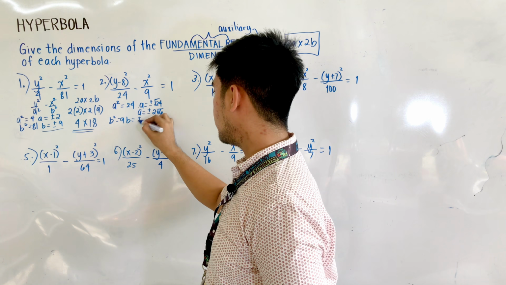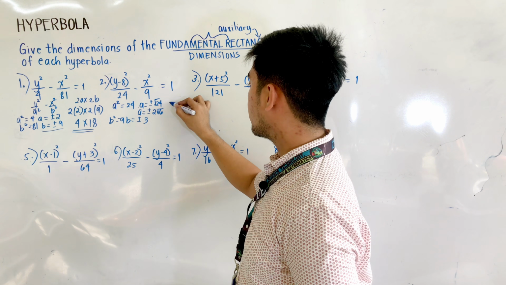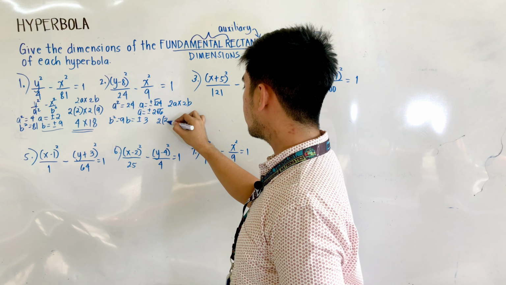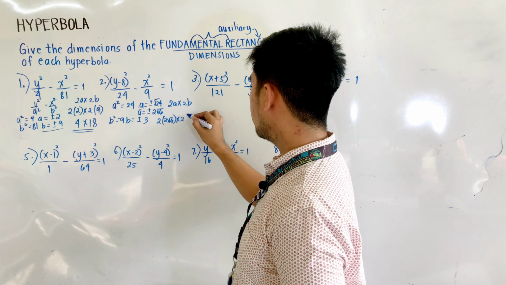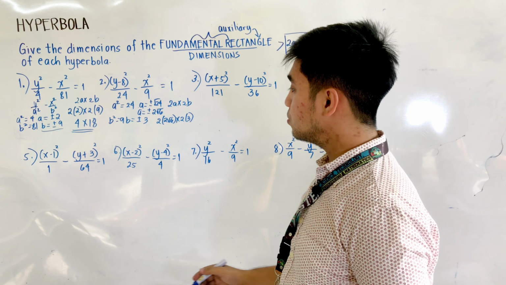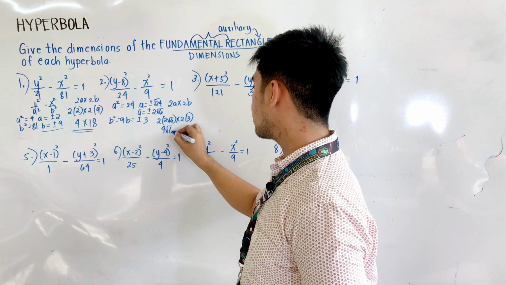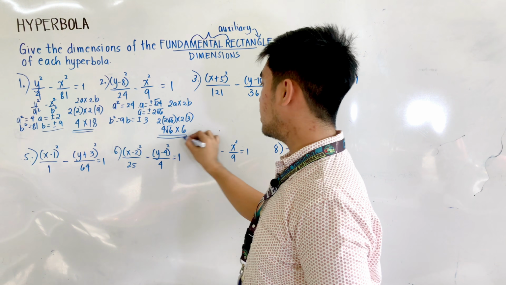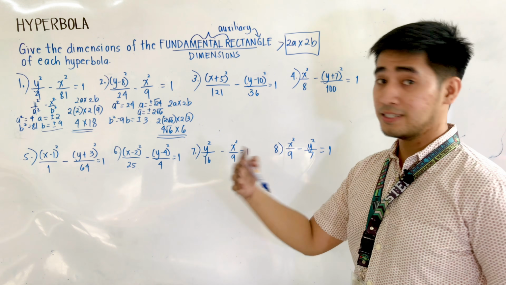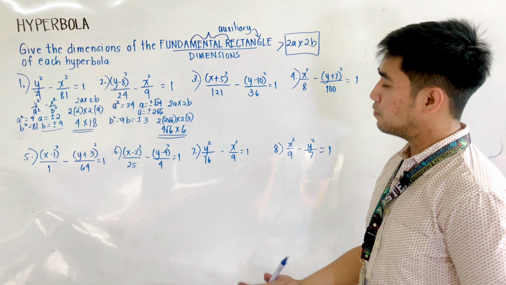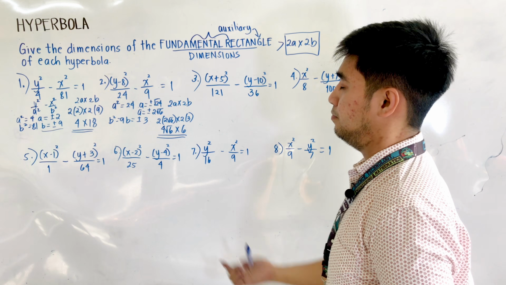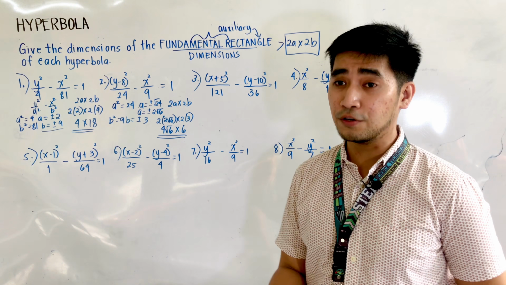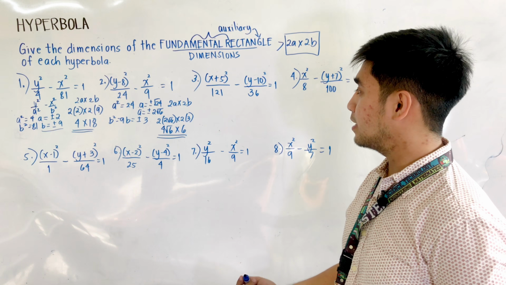Therefore, b is equal to plus minus 3. Using the formula 2a by 2b, we will have 2 times 2 square root of 6 by 2 times 3. 2 times 2 square root of 6 becomes 4 square root of 6, and 2 times 3 is 6. Therefore, this would be 4 square root of 6 by 6. And that is the dimension of the fundamental rectangle given the equation y minus 8 quantity squared over 24 minus x squared over 9 is equal to 1.